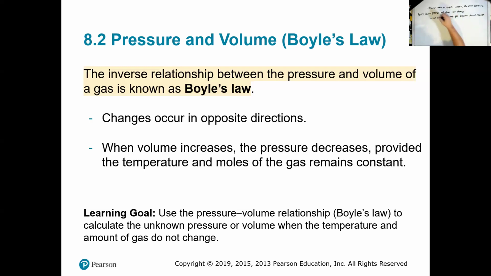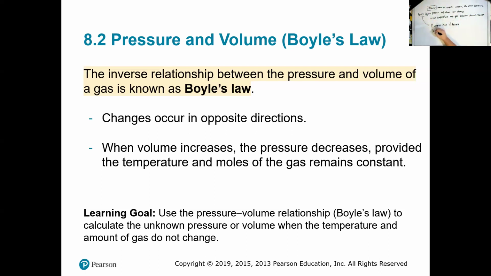Okay? And because Boyle's law is showing us this inverse relationship, what that means is, a little arrow here: when pressure increases, then volume is going to decrease.